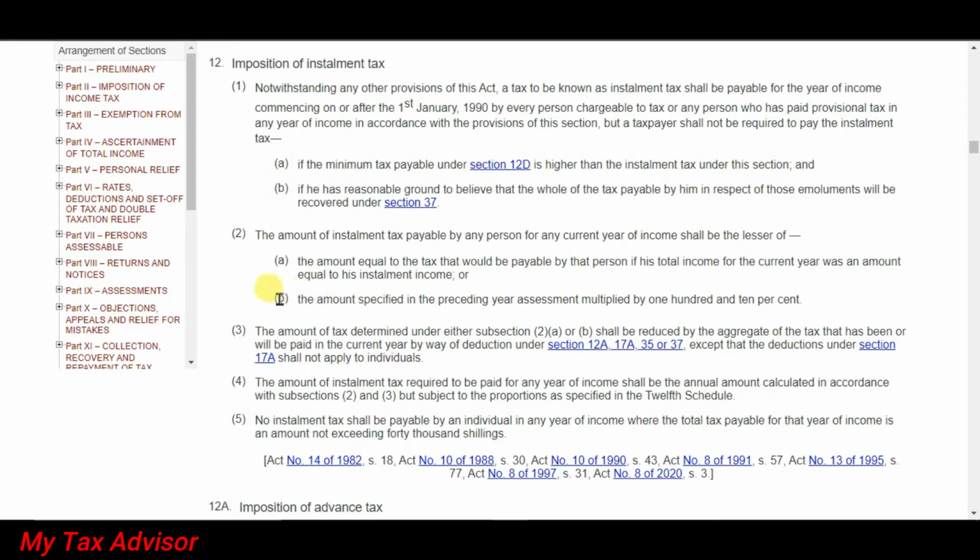B says the amount specified in the preceding year's assessment multiplied by 110%. So the amount of tax you paid last year, which is the preceding year, you multiply that by 110%.